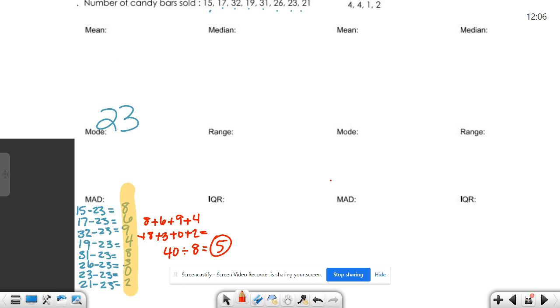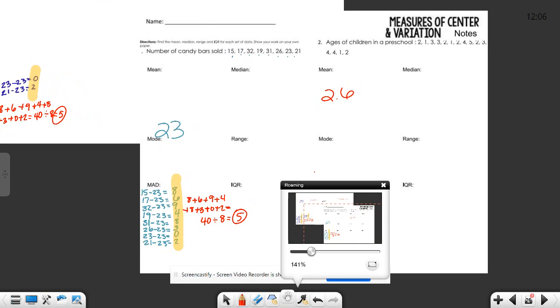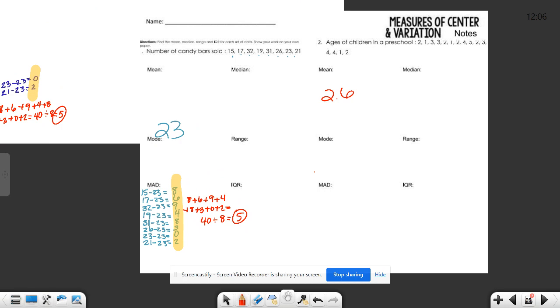All right, number 2 on this sheet, what do we get as the mean originally? 2.6. I got 2.6. So we're going to follow the same process and list our numbers. Now there's a lot more numbers this time, so be careful and make sure you get all of them.